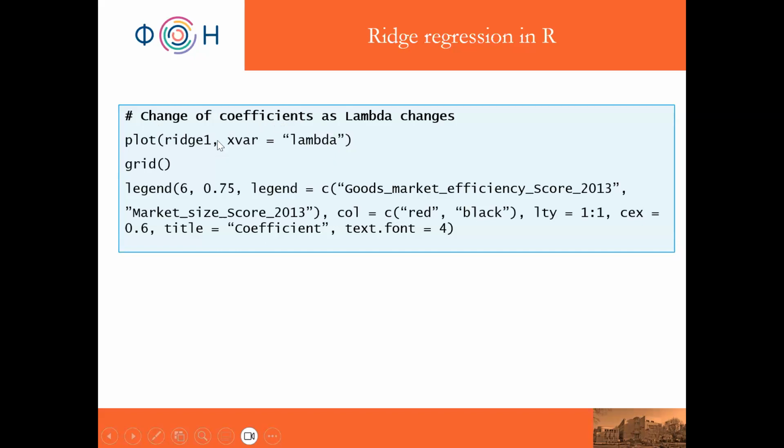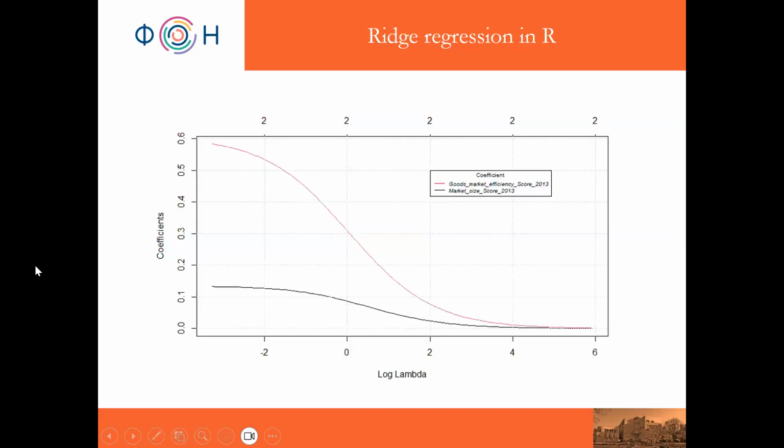We want to create a graph which is going to show us how our estimates change and drop in value as lambda changes. The whole part here related to the legend is just to have a nice graph. If you copy paste or redo the graph the same as it is here on the slide, you will end up with a graph which looks like this.